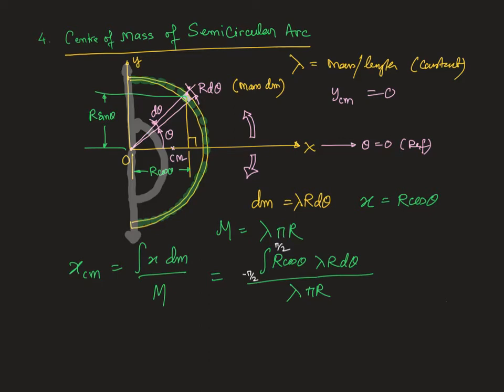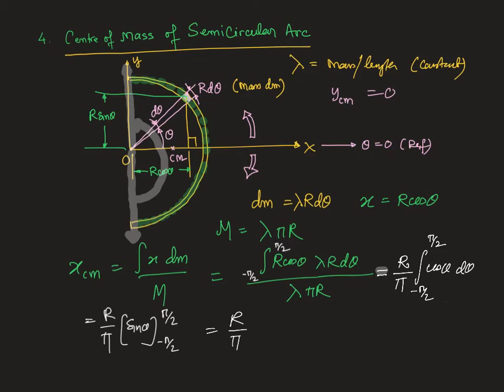In this integration, lambda will come outside, and with the radius you're left with r divided by pi. So the integral of cos theta d theta from minus pi by 2 to plus pi by 2. Here we have r by pi times sin theta from minus pi by 2 to plus pi by 2.